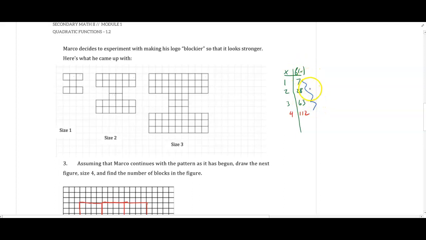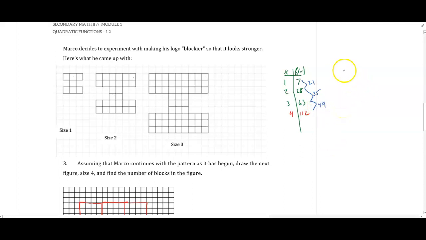But what I'm going to do here is 28 minus 7, I'm going to get 21. Then I'm going to do 63 minus 28, and that's going to give me 35. Then 112 minus 63, which is going to give me 49.